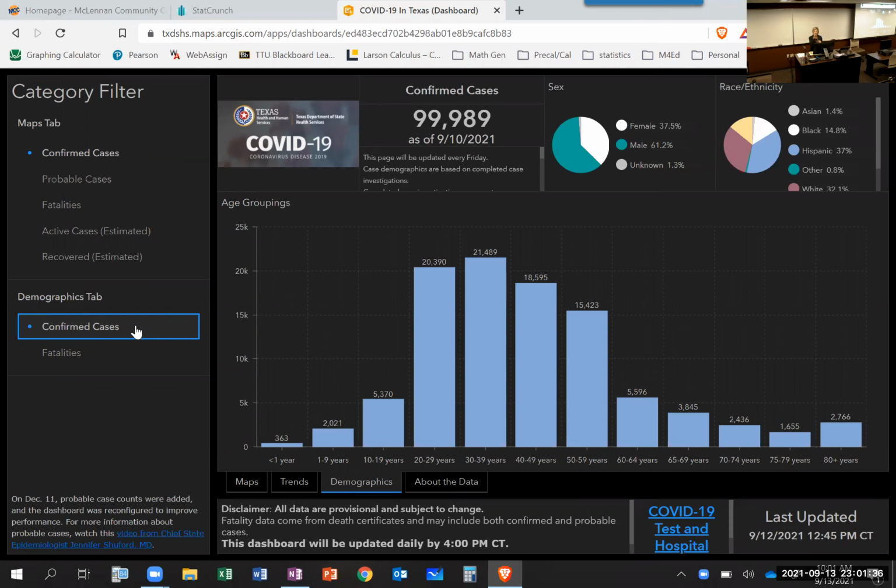Let's say that the middle of our bell lies in between the 30 to 39-year-olds and the 40 to 49-year-olds right there. Something like that looks to me like it could be somewhat shifted to the left. So if our major peak is shifted to the left of the center, then it would be considered skewed right. Again, that would be somewhat subjective.